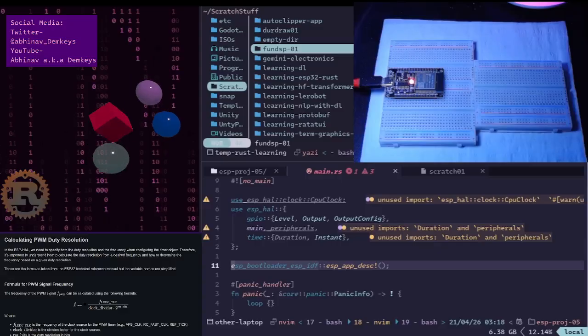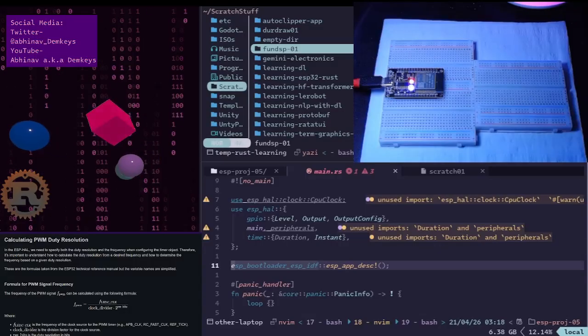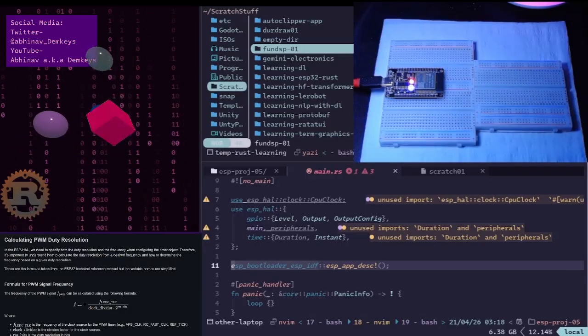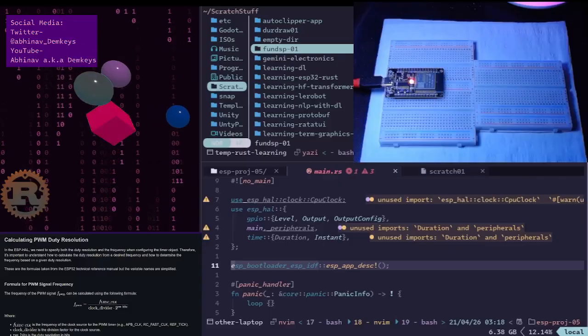Okay. In the ESP HAL, we need to specify both the duty resolution and the frequency when configuring the timer object.